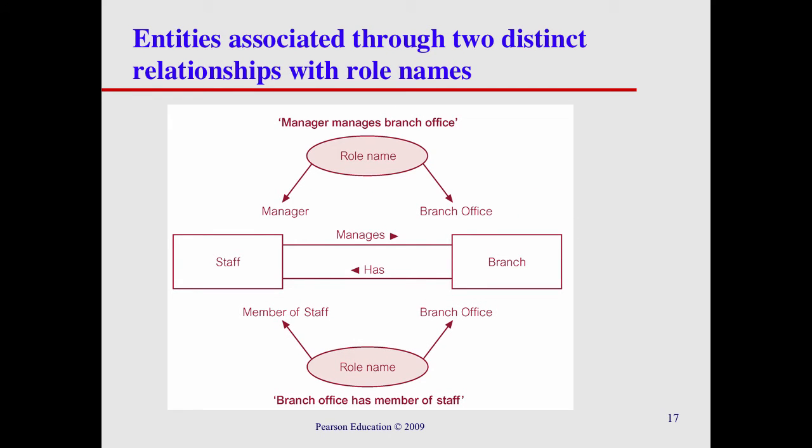And then you can actually have relationships that go in both directions. Here we have the previous one of branch has staff, but then also a branch is often managed by some staff member. So we have the opposite where the staff manages branch. And in this case, you also typically label the roles so that someone reading the diagram is able to determine what the difference between the two relationships is.